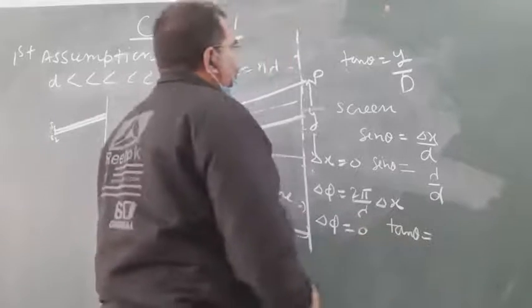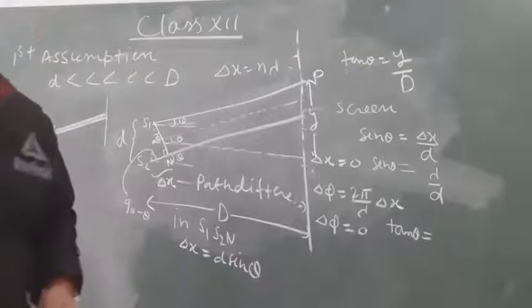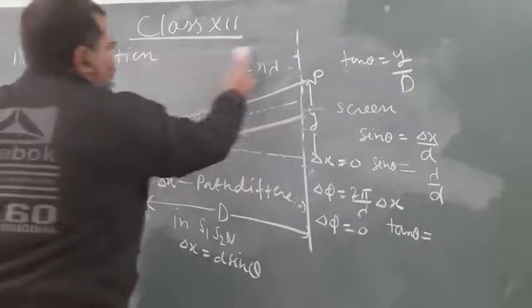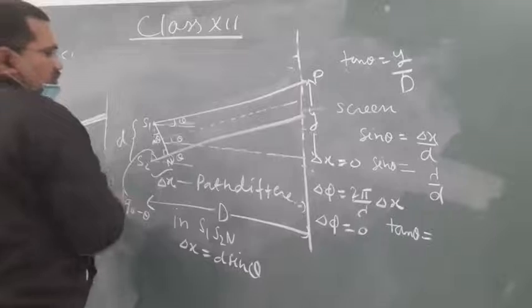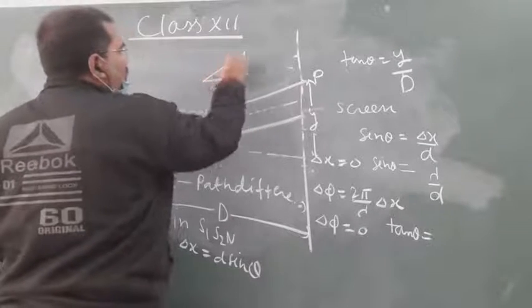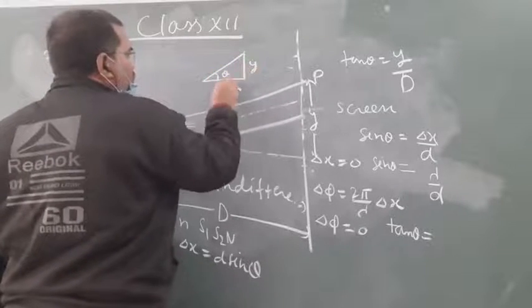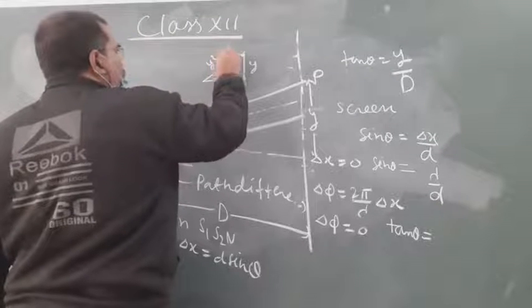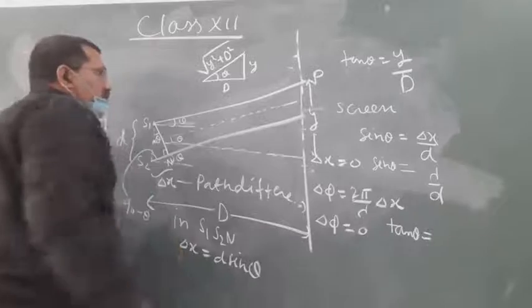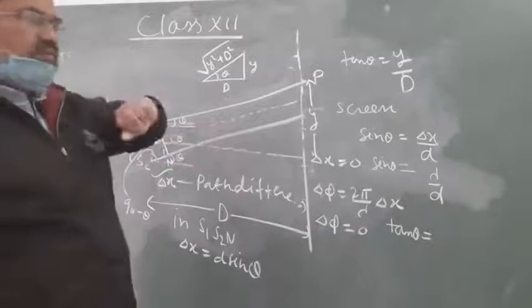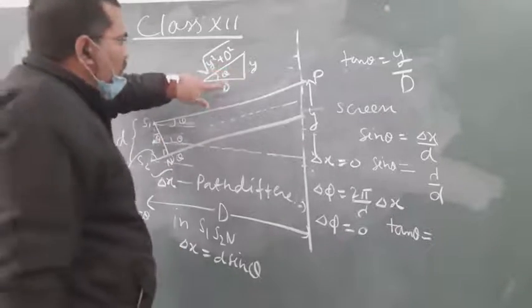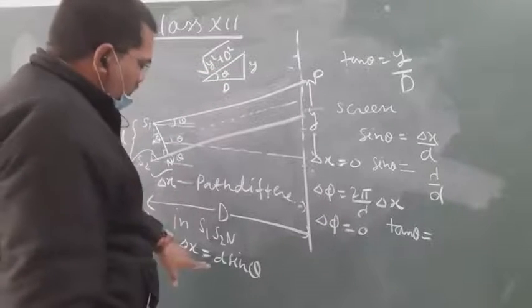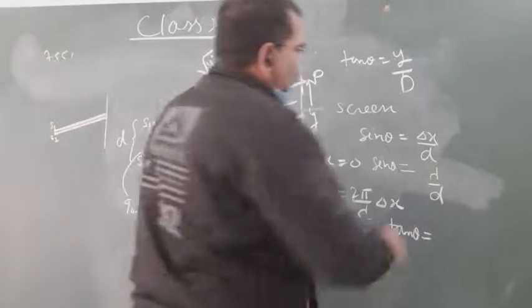How? Let's see. In a right angle triangle, this is theta, this is y, this is d. Sorry, sin theta here equal to lambda by d.